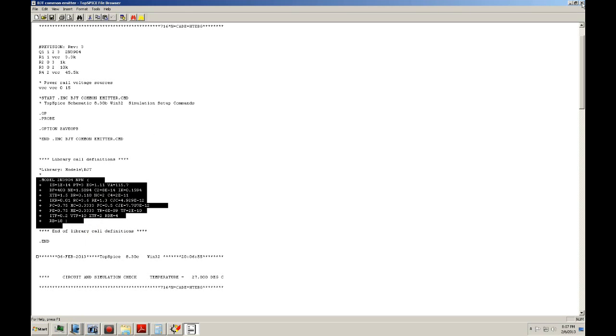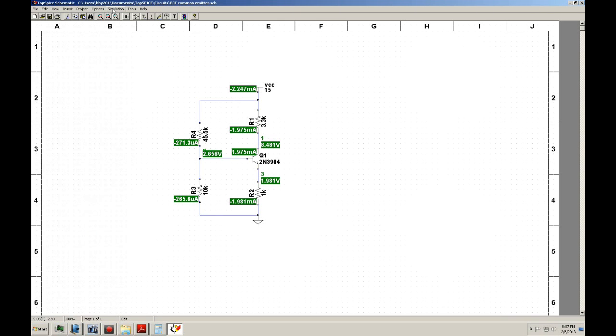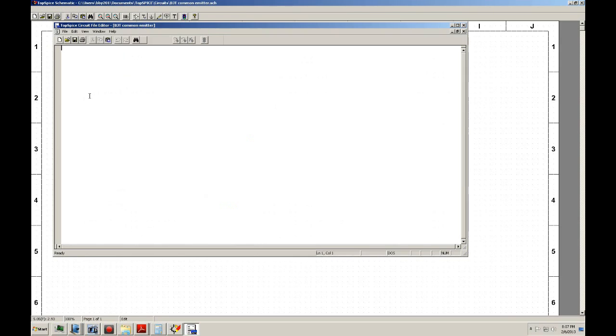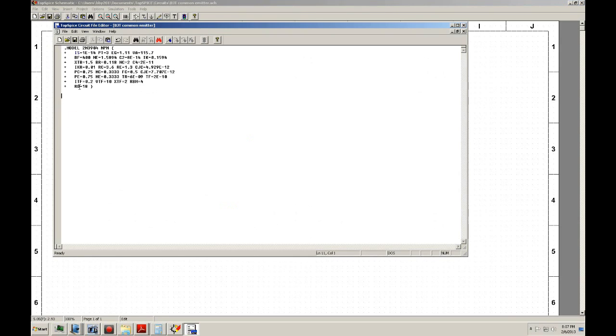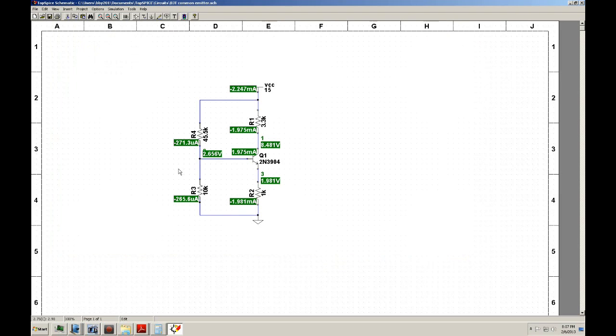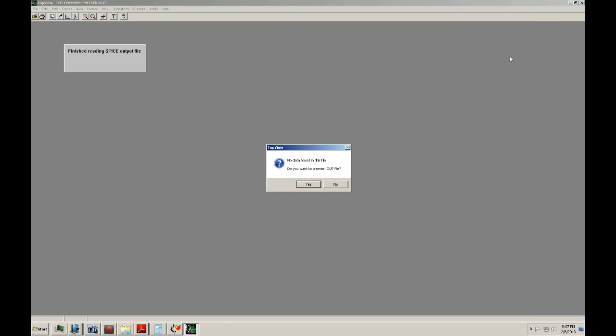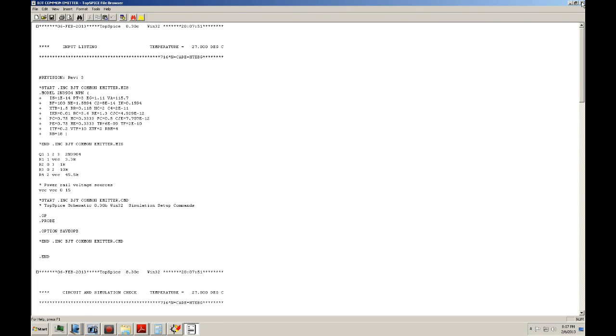Copy that and put it in the miscellaneous file. And we'll put this 100. VF means forward beta. So now, when I run it, this should be close to what we calculated before.